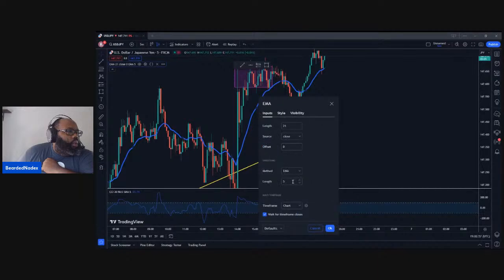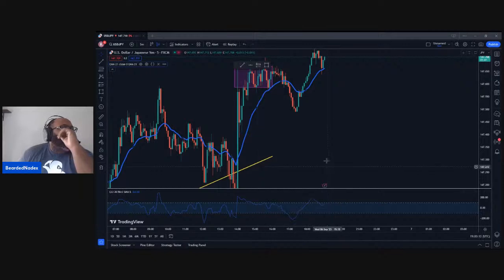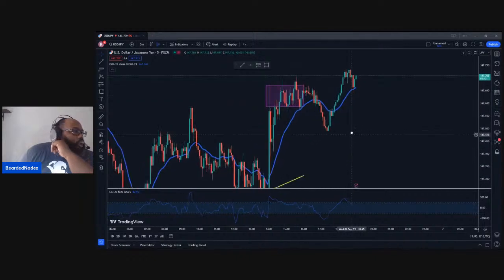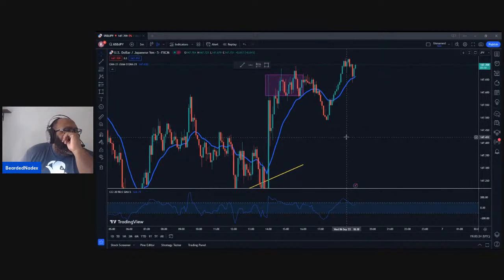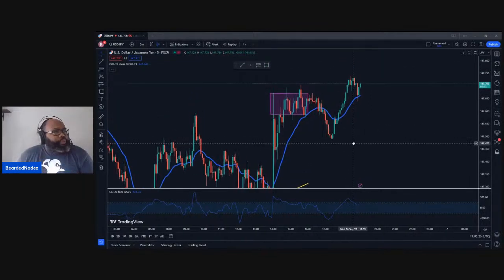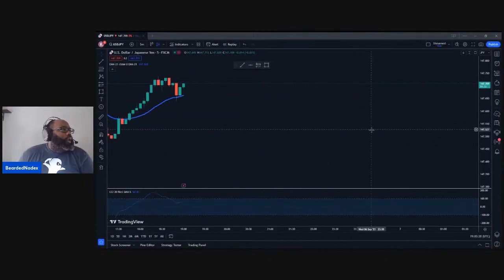Visibility input. So it's close. Okay, yeah, that looks better. I believe my EMA was in, but I'll get it together. But let's get it back.